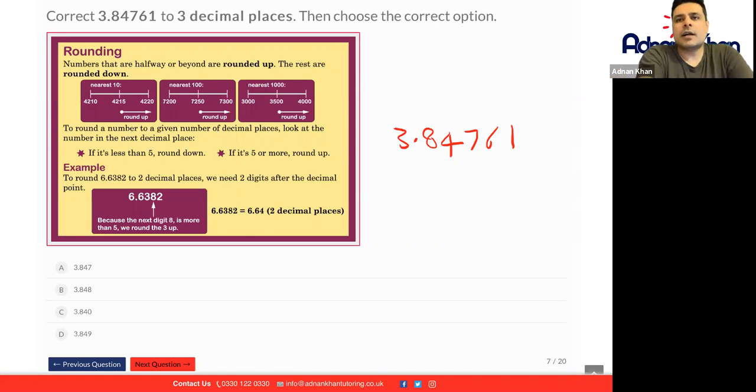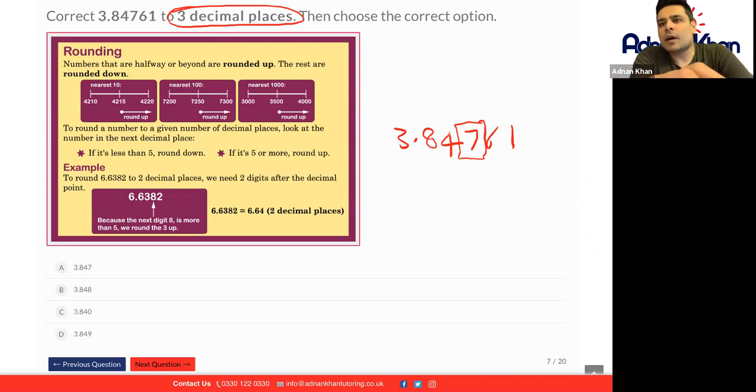Because it says 3 decimal places, so 3 decimal places is going to be 7, because 7 is 3 numbers after the decimal point, okay? So because it's 3 decimal places from the decimal and it's the third number, this is the number that will either move up or down.